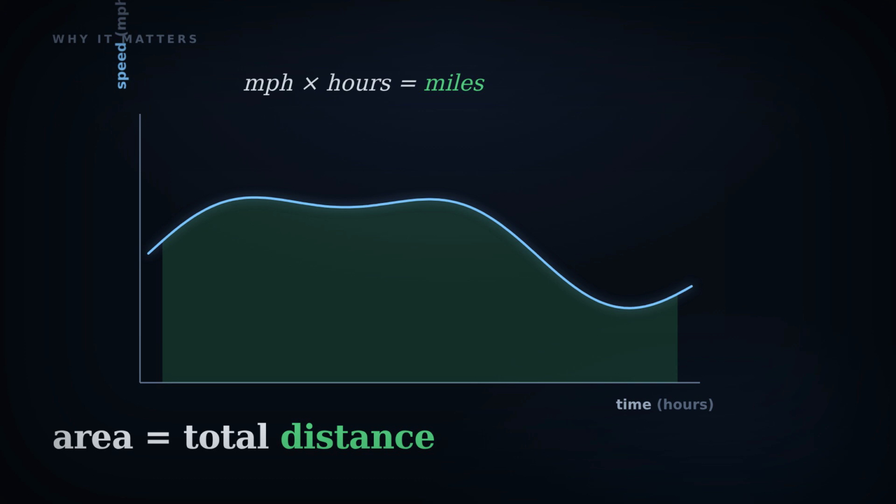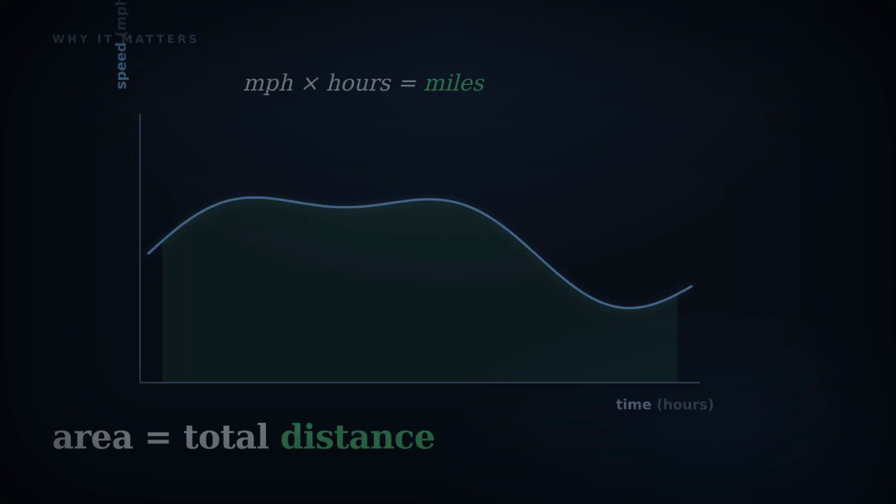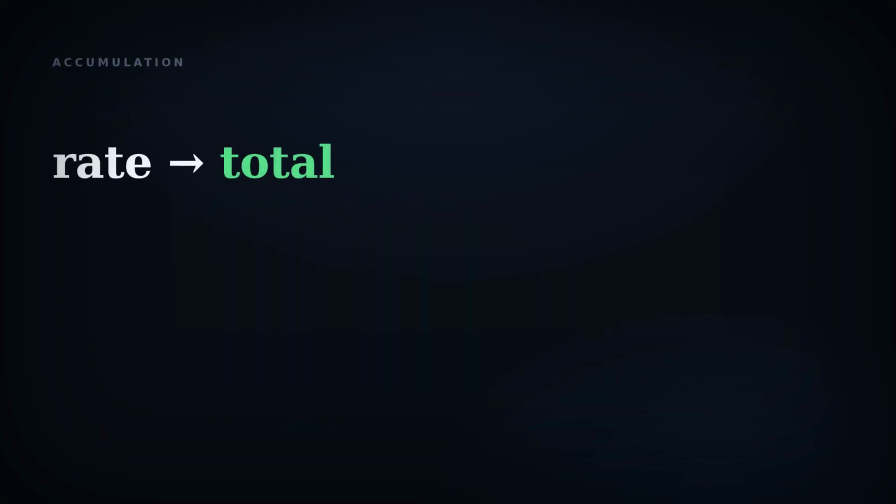That's wild, right? A geometric area turns out to be physical distance, and it makes sense with the tiny strips idea. In each tiny sliver of time, distance is roughly speed times that little bit of time, and the integral adds up all of those tiny distances into the total. And this generalizes everywhere. Anytime you've got a rate and you want the total accumulated amount, that's an integral.